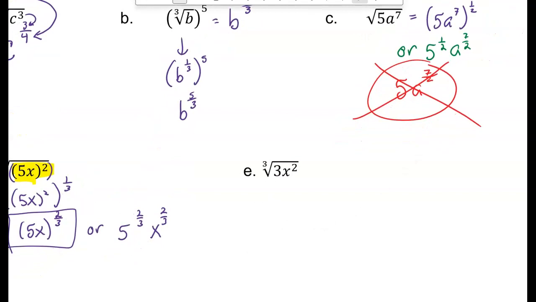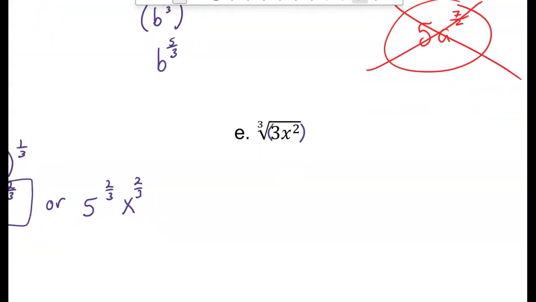Okay. With this one, my friends, using that same concept that we just did, what's underneath that radical sign, that cubic root sign, has to go to what? Together. That whole thing is getting the cubic root. So if I'm rewriting this exponentially, what would we write down first? 3x squared.